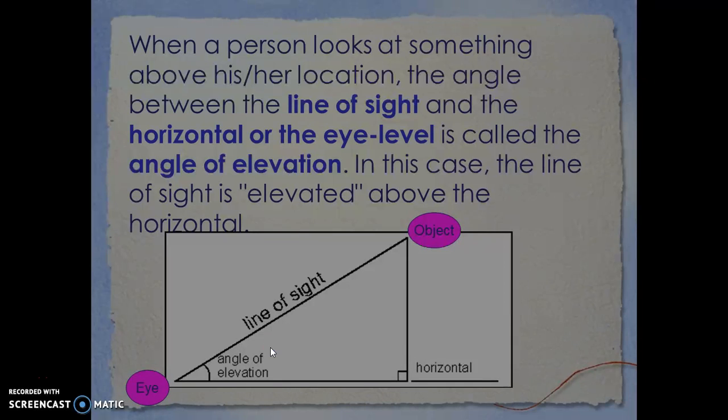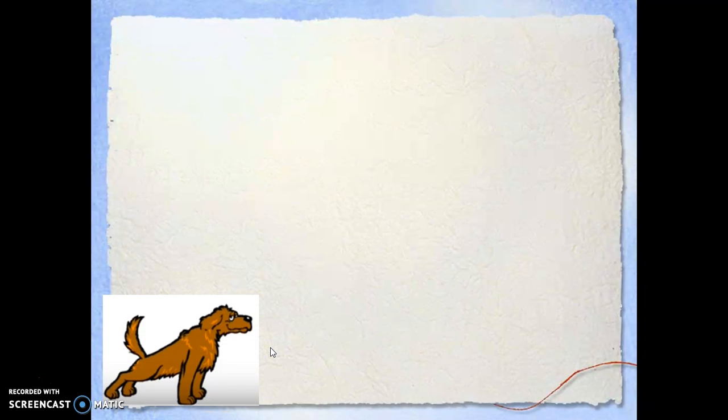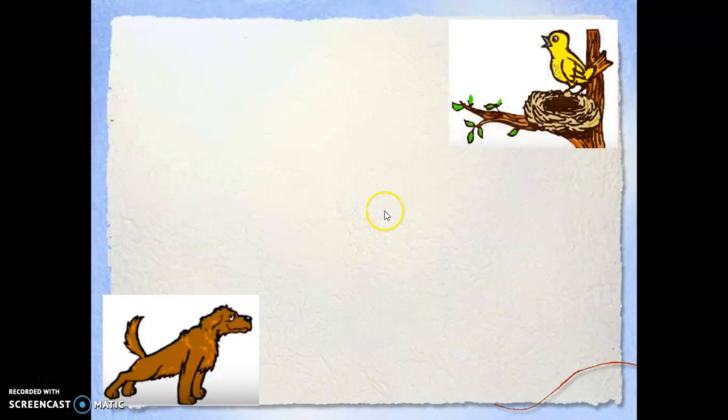Okay, I'll give you a more clear picture of that. Suppose the dog is looking at the bird. So you have to remember the following terminologies. We have the eye level of the dog.